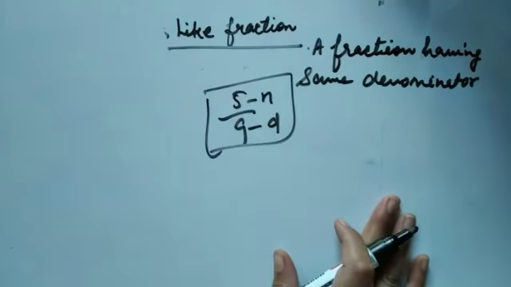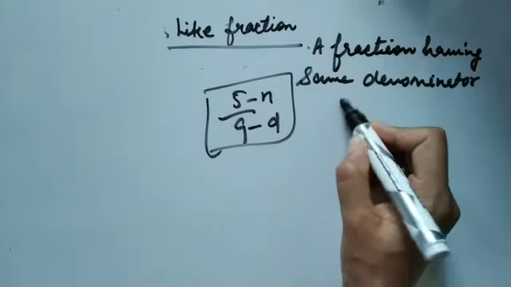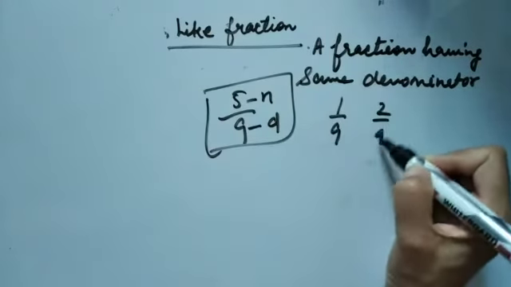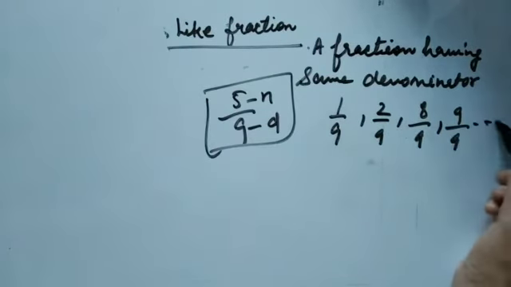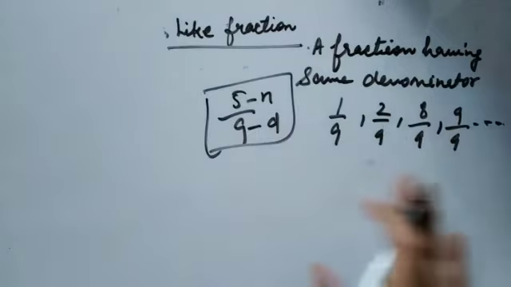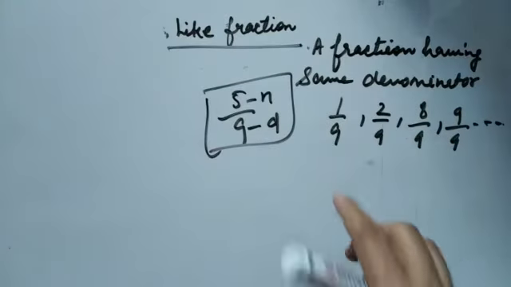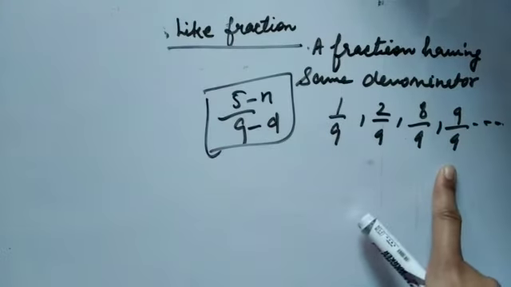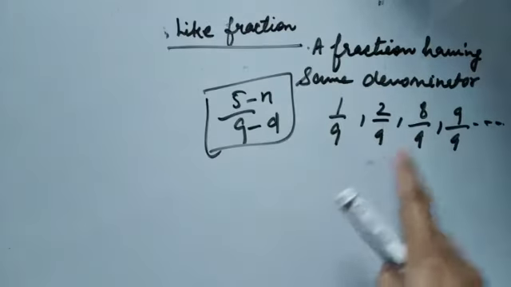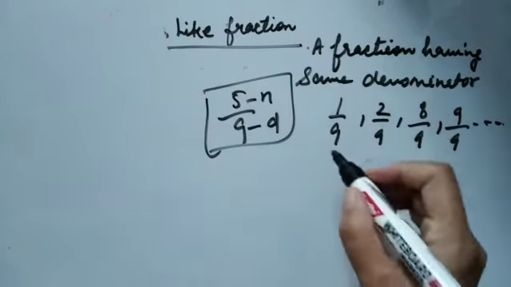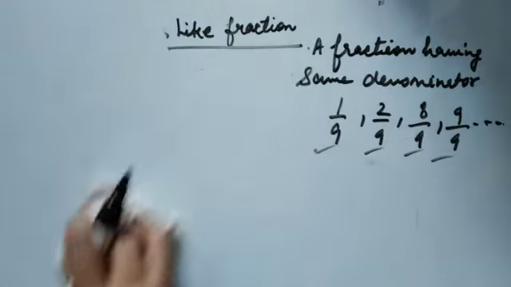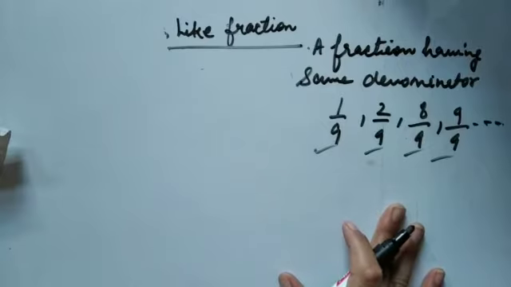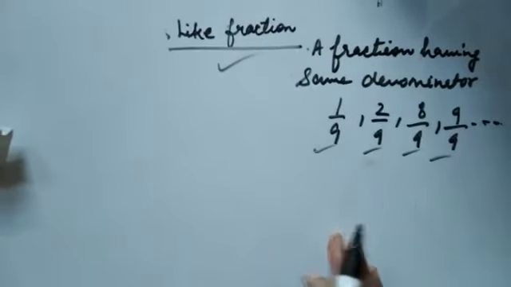Any fraction having same denominator, for example 1 by 9, 2 by 9, 8 by 9, 9 by 9, and so on. You can see here 4 fractions are there in which denominator is same in all. Denominator is equal or same in all the fractions. So these fractions are known as like fraction.